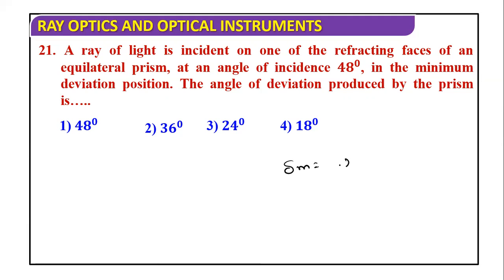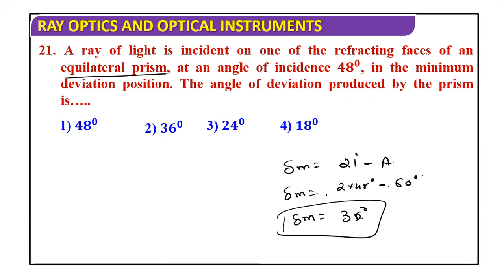Minimum deviation is given by 2i minus A. Here, angle of incidence is 48 degree, and as it is an equilateral prism, angle of prism is 60 degree. Simplify and we will get minimum deviation as 36 degree.